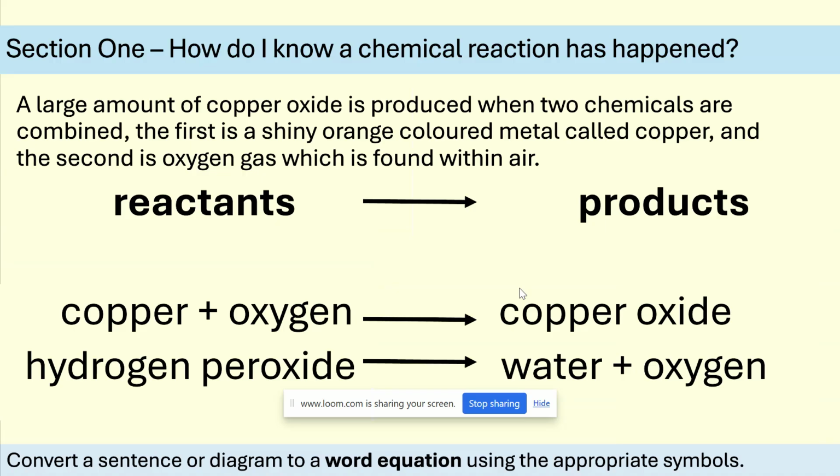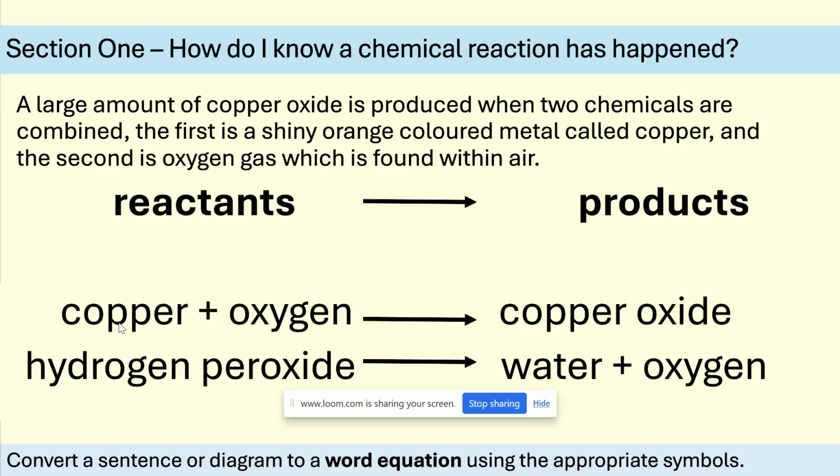The first is a shiny orange metal called copper, and the second is oxygen gas found in air. Quite often they'll give you quite a lot of words, and it is just really to confuse you. We're looking for what the reactants, so the 2 chemicals combined are copper and oxygen. And in this case, with a word equation, we don't need to put these state symbols in that we talked about. So it's just copper plus oxygen gives you copper oxide.